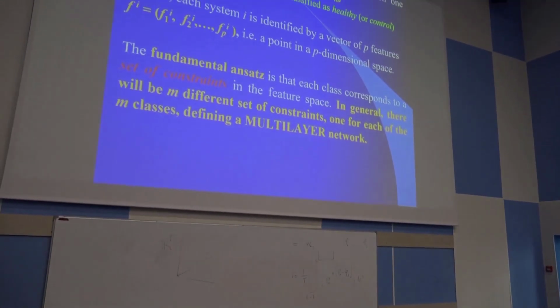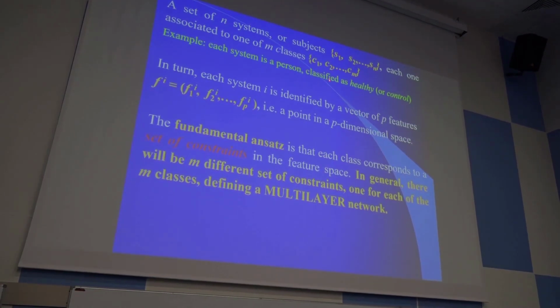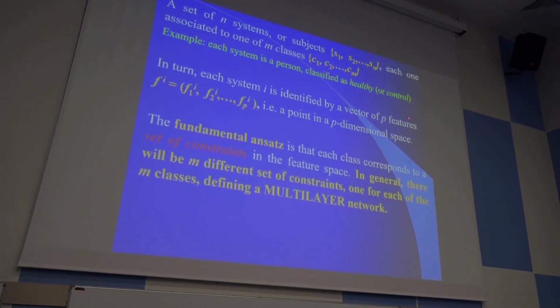Now, the ansatz you make, the hypothesis, is that each class, meaning being healthy, being control, being sick, being whatever, corresponds to a set of constraints in the feature space. What does it mean?